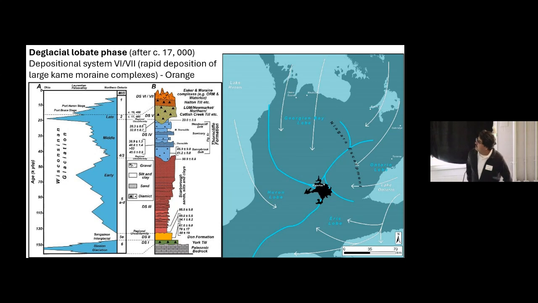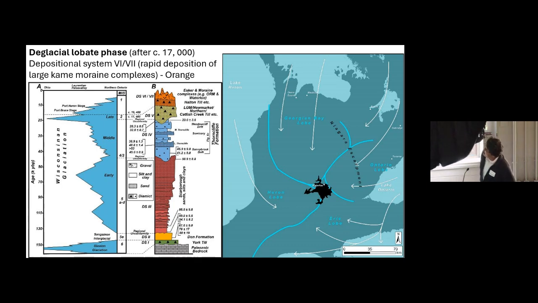Following that is the deglacial phase of the Laurentide ice sheet, just after 17,000 years ago. This is probably the most important phase of deposition, where as the ice is melting, it becomes highly lobate, the flow directions change, and it's highly influenced by topography.